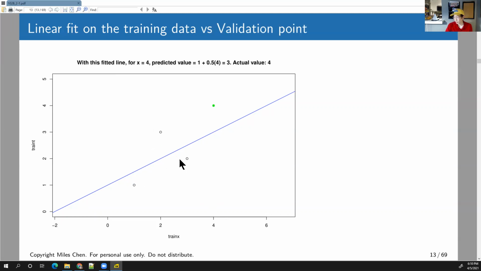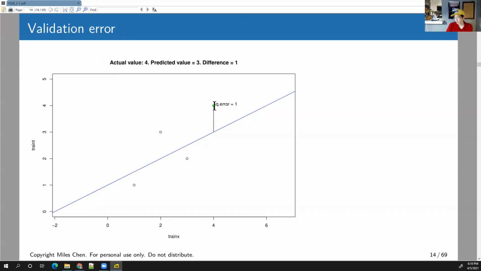The fitted line is 1 plus 0.5x, so when you plug in number 4, you predict the value 3. The actual value at data point 4 is 4, so the error here is 1, and when you square that, your squared error is 1.